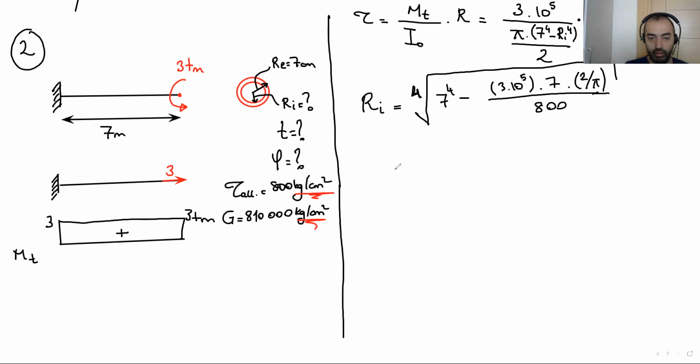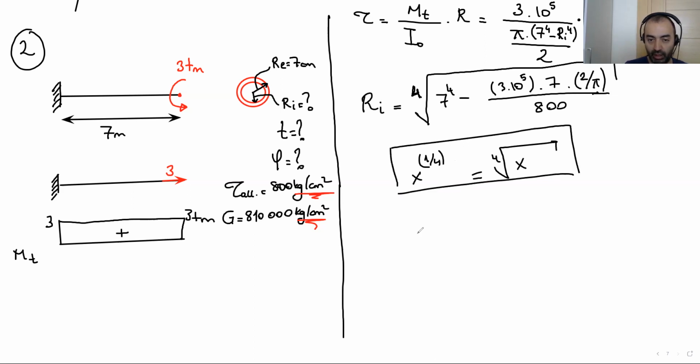Instead of the root, you can write the number to the power of 1 over 4. This gives you this number. You can use this method in your calculators. If you calculate this, Ri is, let me see, yes, 5.20 centimeter.